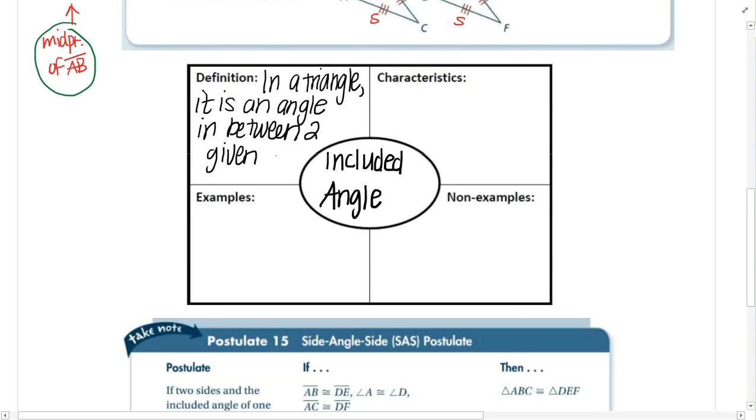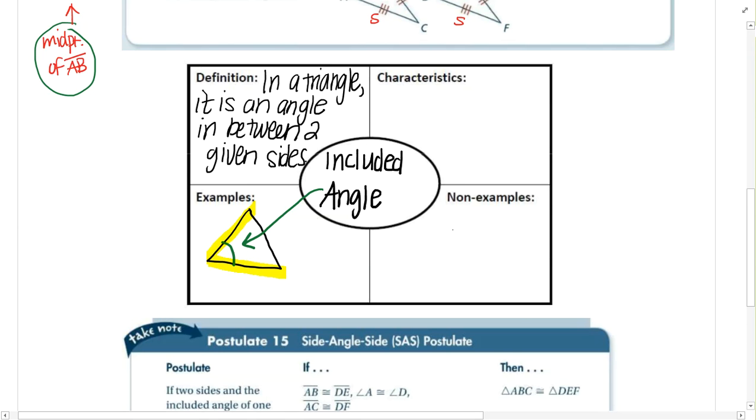So 2 sides that we're talking about. So I think an example is going to be the best. So you're talking about a triangle, and let's say we're talking about these 2 sides. The included angle is the one in between. So that is the included angle between these 2 sides.